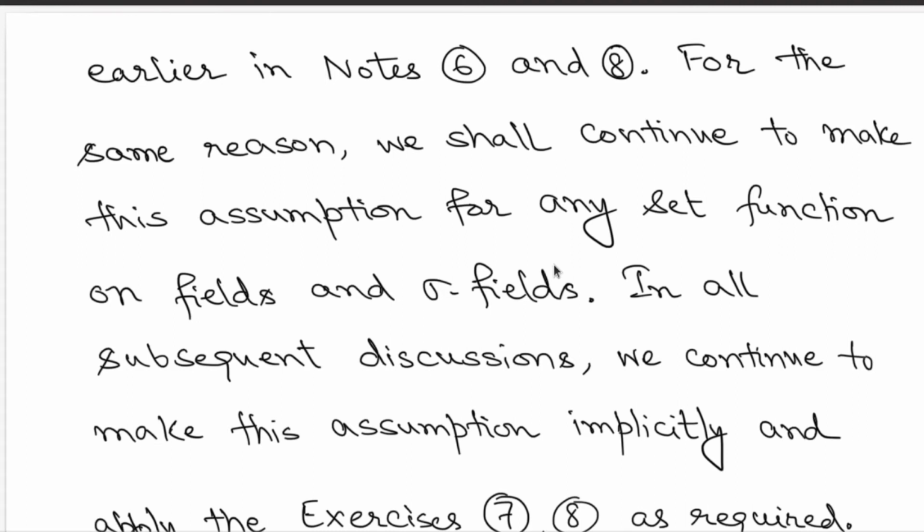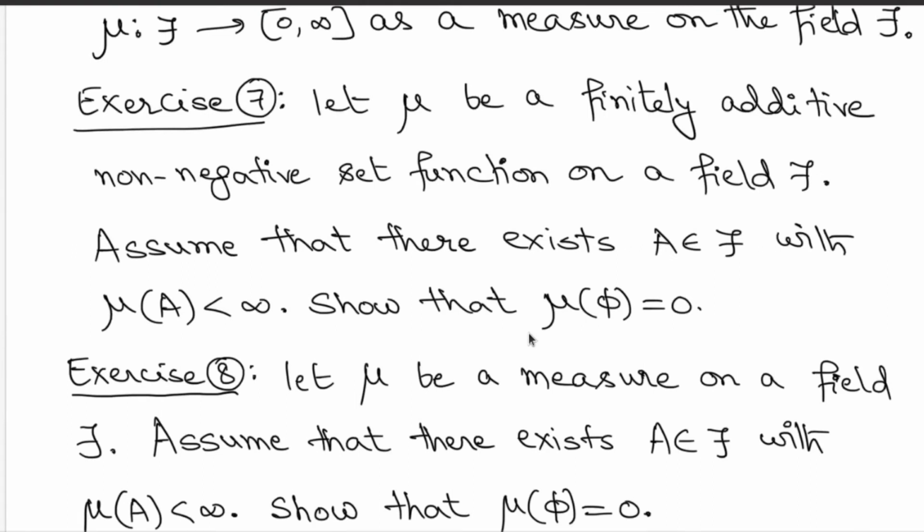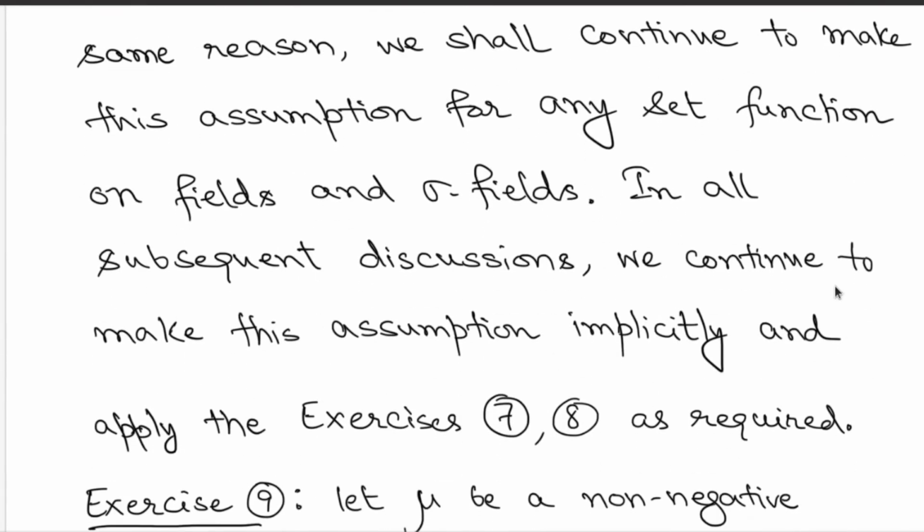So in both of these cases, we are going to assume that there exists a set with finite mass, and therefore exercises 7 and 8 remain valid, and then we end up with the fact that the measure of the empty set is 0. But just to clarify once more, in all subsequent discussions this will be part of our hypothesis implicitly.